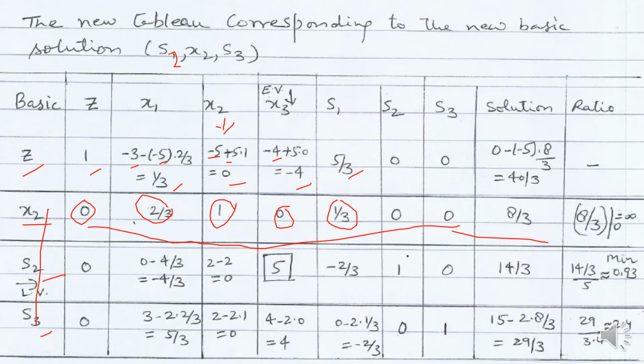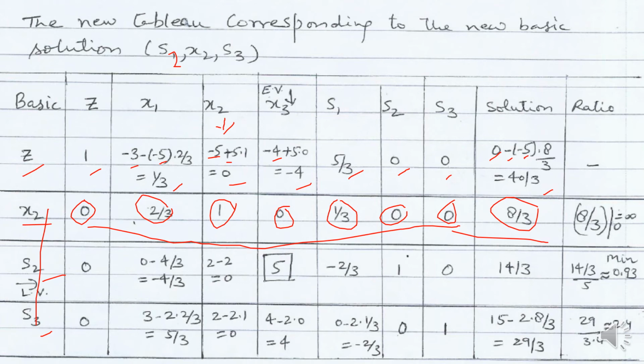And in S2 and S3 coefficients, 0 minus -5 into 0 gives us 0. Then the solution was 0 in the previous table, minus -5 into 8 upon 3 gives us 40 by 3.